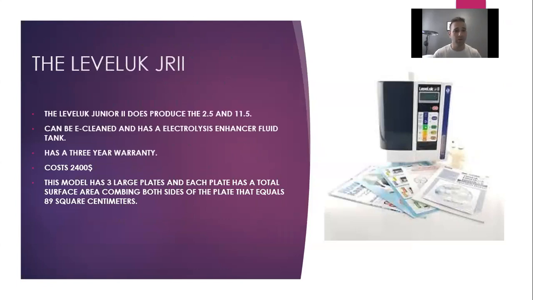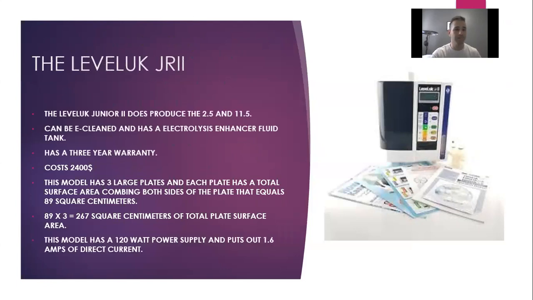And this model has 3 large plates. Each plate has a total surface area, combining both sides of the plate, that equals 89 square centimeters. 89 times 3 equals 267 square centimeters of total plate surface area. This model has a 120 watt power supply and puts out 1.6 amps of direct current. Okay, so just by looking at these specifications, it has a larger power supply, puts out more current, and has more surface area.